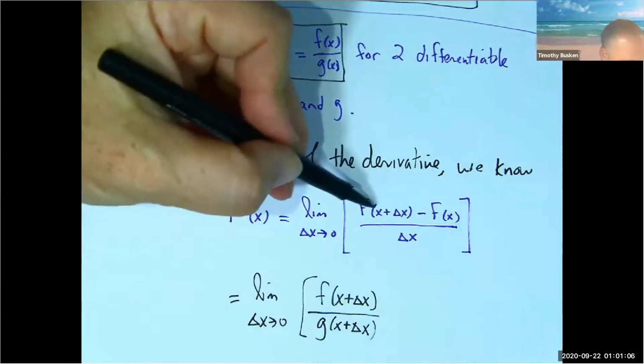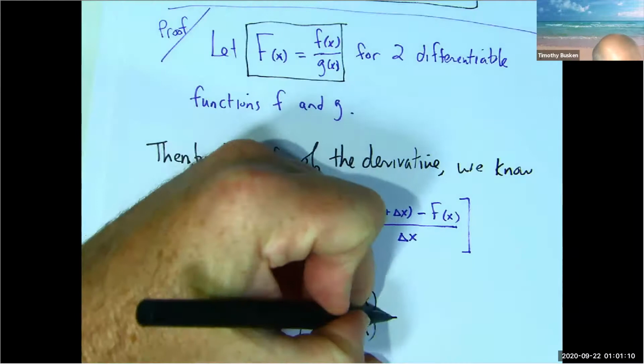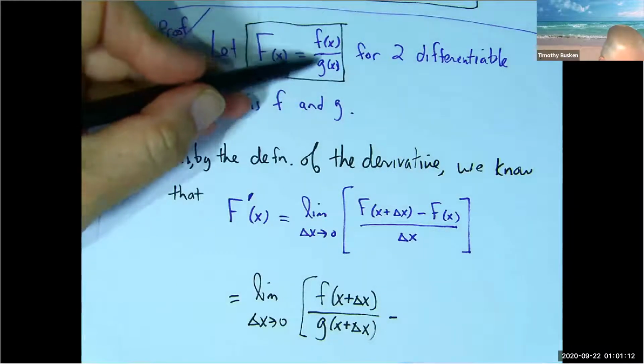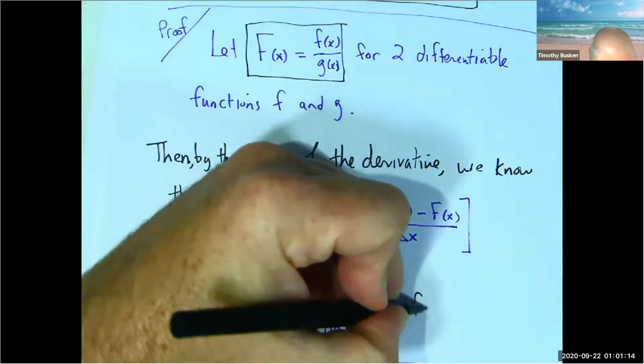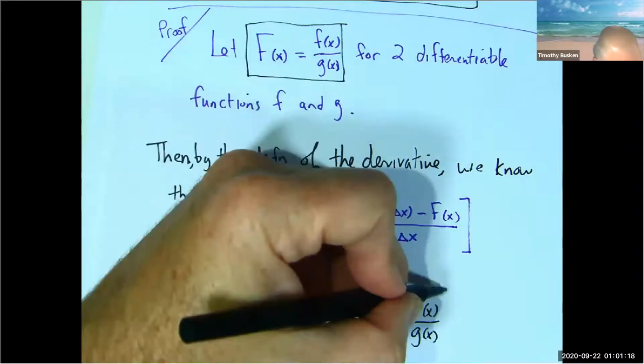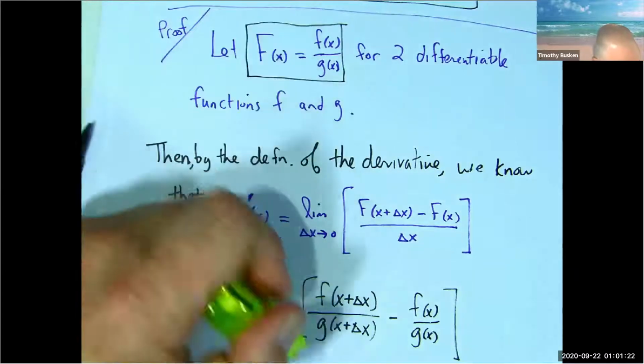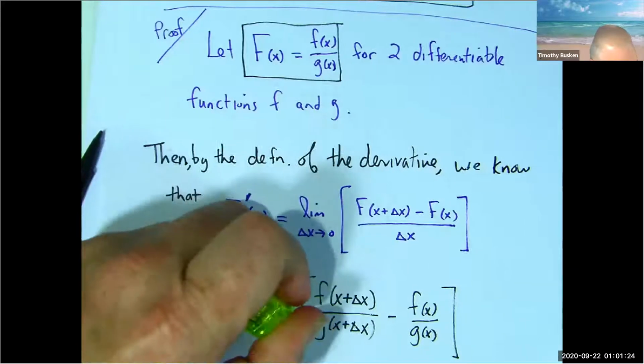So F of x plus delta x is just that. And then minus F of x, which is just little f over g. And all of that should be over delta x.